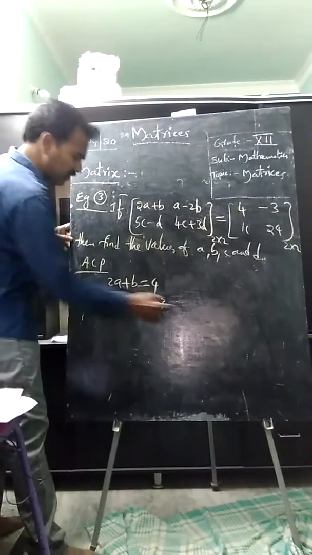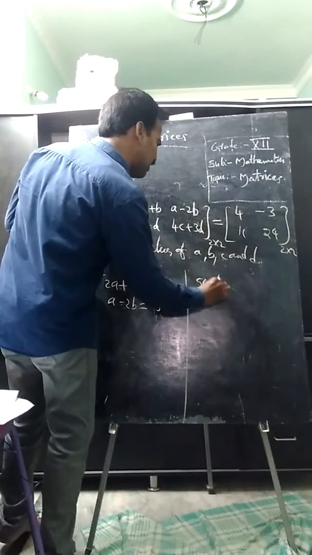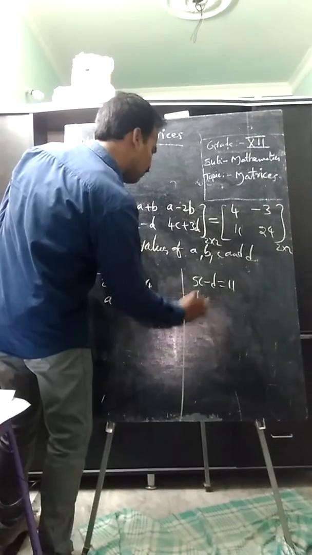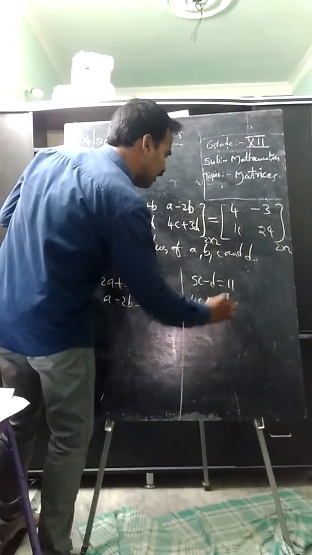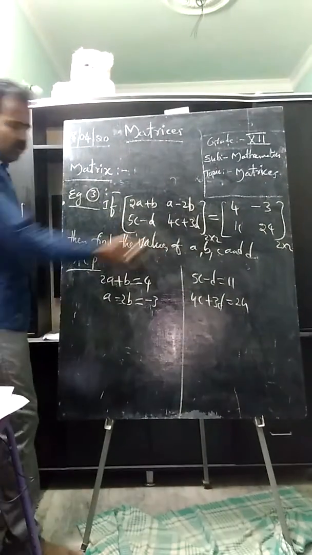By solving these two, we will get the a and b values. Now again, students, 5c minus d equals 11, then 4c plus 3d equals 24. If we solve both, you will get the c and d values.